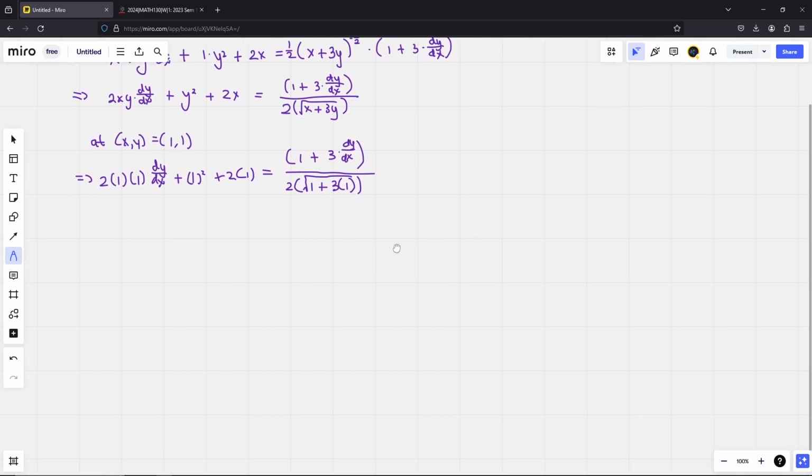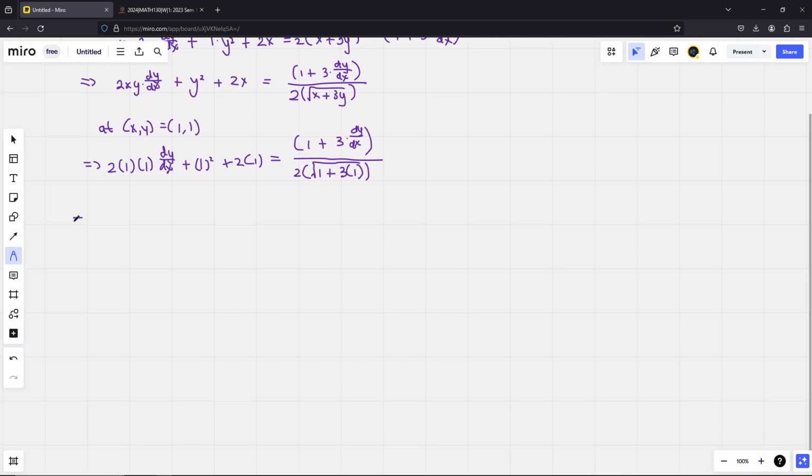And we can say that's just 2 dy by dx, and 1 squared is just 1, and 2 times 1 is just 2, so adding those we can say that's going to be 3.